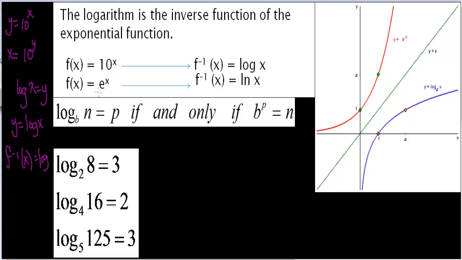Remember I said in a previous video, e is a natural number, and it is a very, very long number. e is 2.718, and it's very long. It never ends, and the decimal expansion doesn't repeat. There's no pattern.